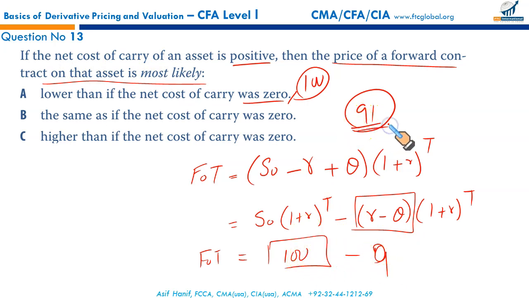So in that case, the forward value would be 91. So the final conclusion is that the price of a forward contract on that asset is more likely to be lower than if the net cost of carrying was 0. In case of 0 it is 100, in case of positive cost of carrying 9, then you have 91 as the forward value. So that makes A the correct option.